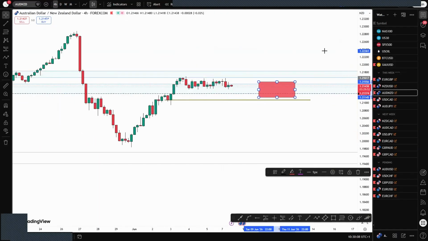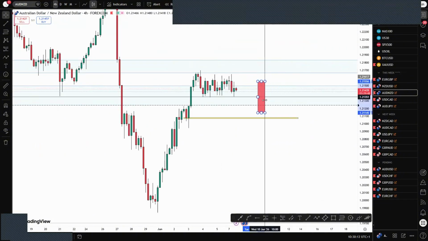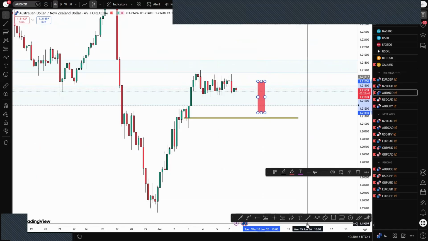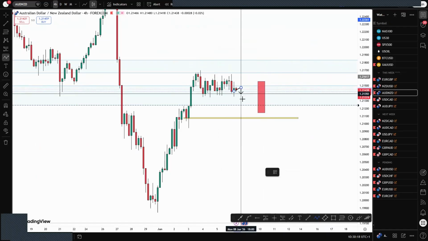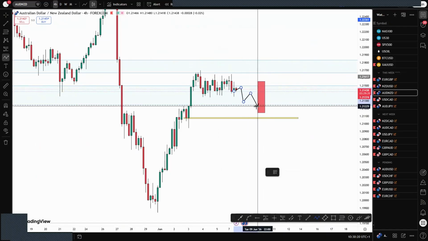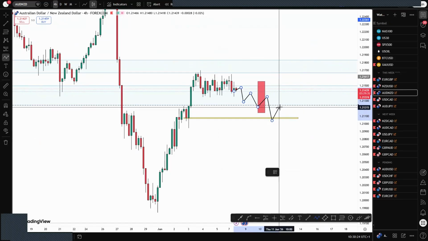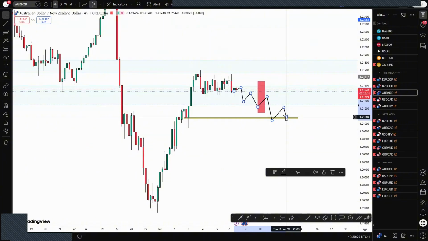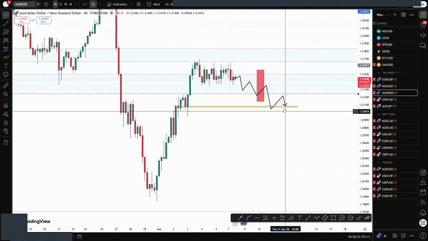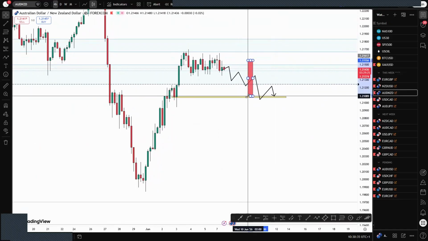Then we can really consider the kind of break we have, okay? But as you can see, the price will be making these lower highs and lower lows, lower highs and lower lows, so that when we get the shift, we just wait for a retest and engulfing, then we can sell. Okay?